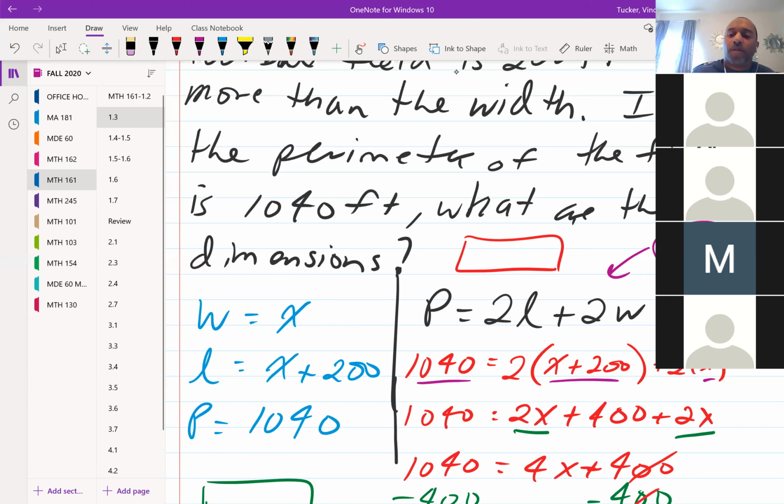All right. Now from there, you can go ahead and solve your equation. We'll distribute 2. And that'll be 1,040 equal to 2x plus 400 plus 2x. Combine your like terms, 2x plus 2x, 4x.